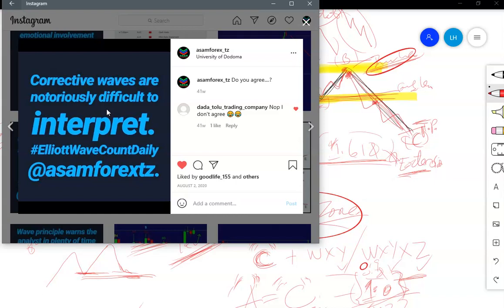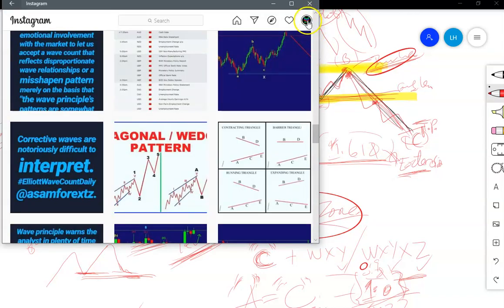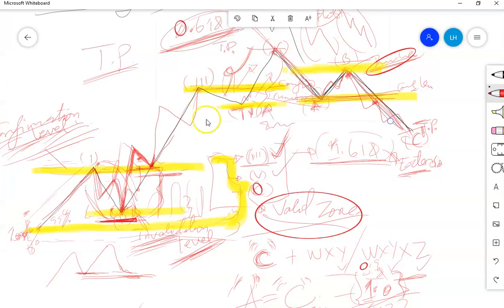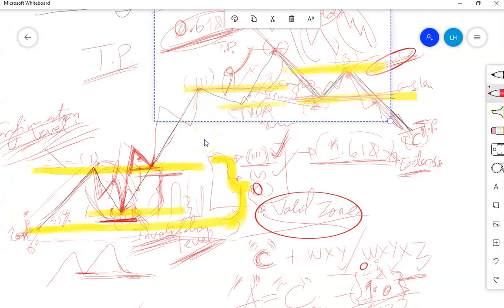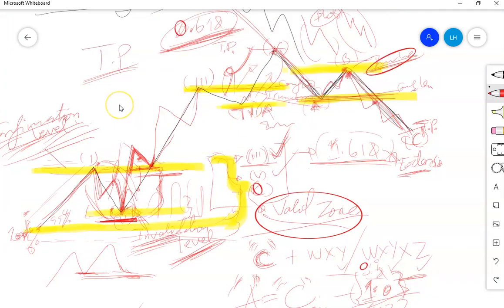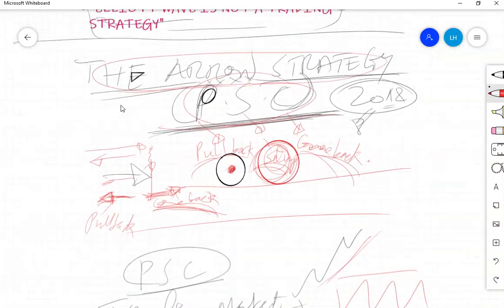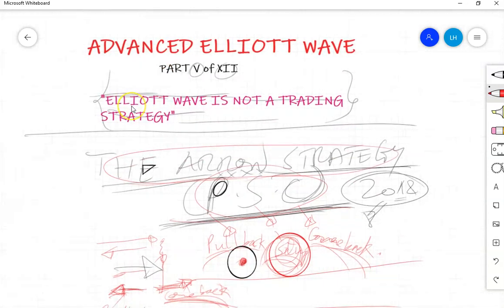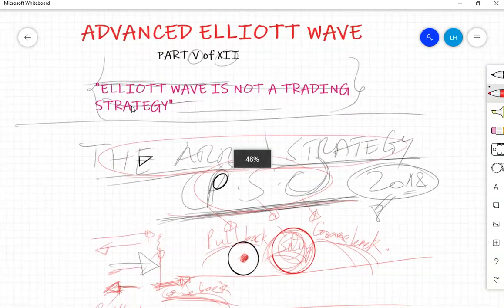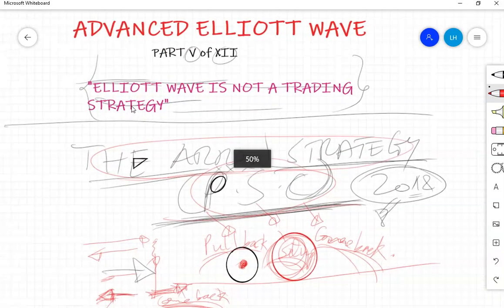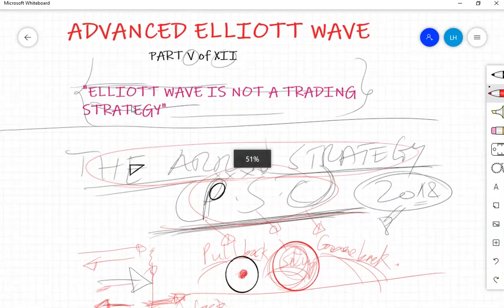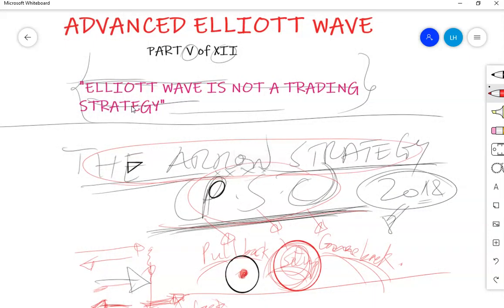But mainly for those who have covered the idea of Elliott wave, I'm sure they struggle a lot more in understanding corrective waves than understanding impulsive waves. Impulsive moves have very few potential variations. But if you come across corrective waves, you will find that they have many potential variations.